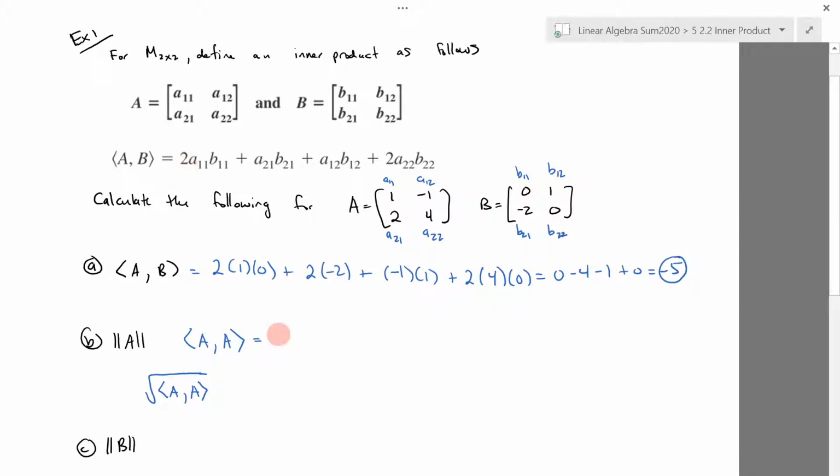So again, the weight 2, and then this entry times itself, plus this entry times itself, so 2 times 2, plus this entry times itself, plus 2 times this entry times itself.